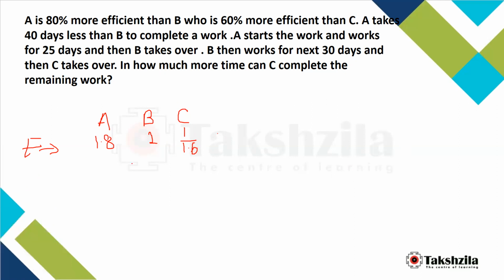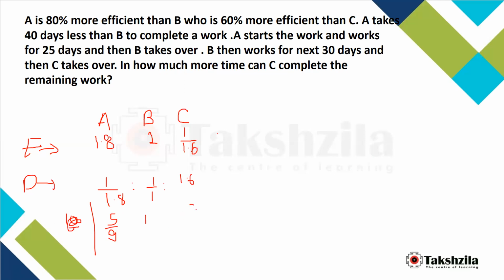Now this is the efficiency ratio, and the days will be just the inverse of this quantity. So this will be 1 upon 1.8 is to 1 upon 1 is to 1.6. Rewrite this as 10 by 18, which is 5 by 9. This is the days ratio. This will be 1 only. This will be 16 by 10.